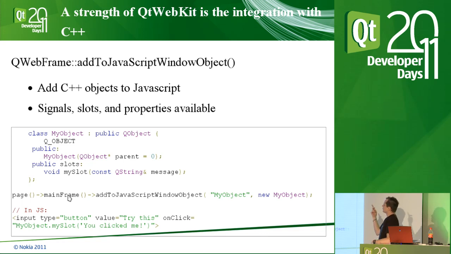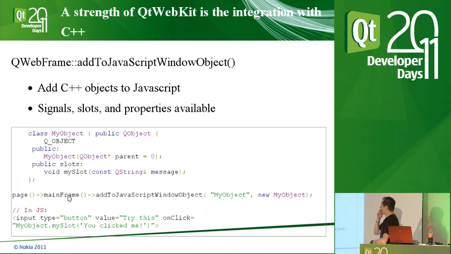I just remembered that on QWebFrame, you can add a C++ object so that you can expose your C++ API to your web world. So you can mix both, right? You can mix HTML5 and your existing logic that you have in C++.